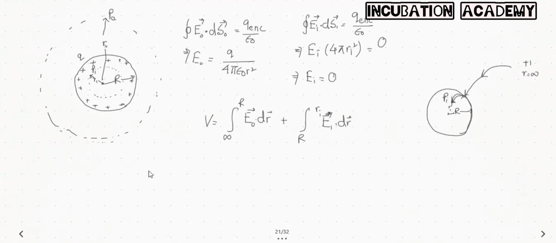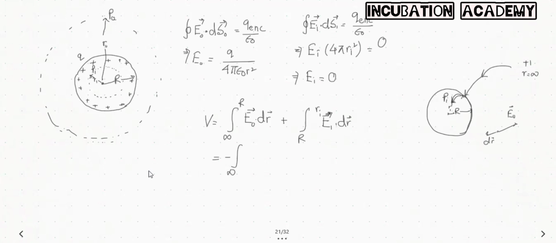Obviously a negative sign should be there because Eo and dr are in opposite directions. The electric field is in the outward direction, but you are trying to take the charge inward. So these two are in opposite directions, cos 180 degrees, so minus 1 is there.